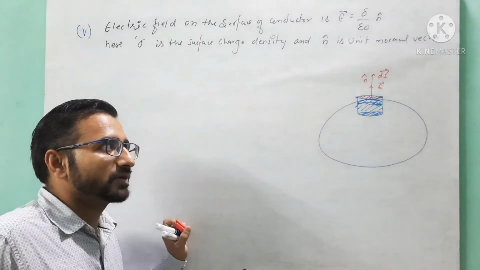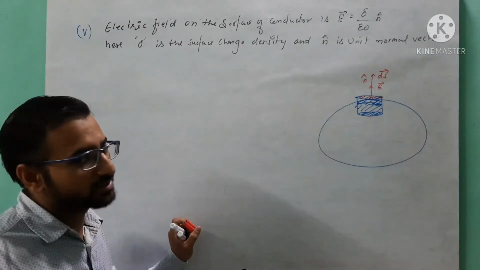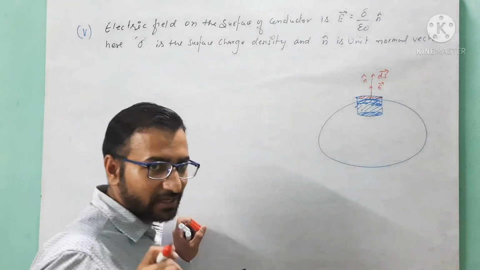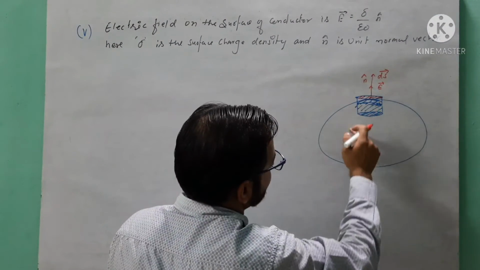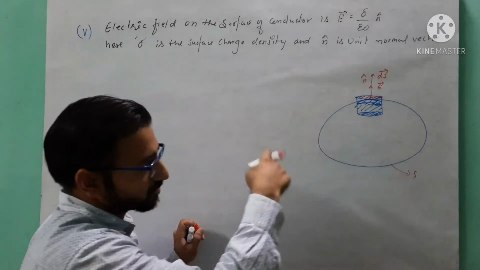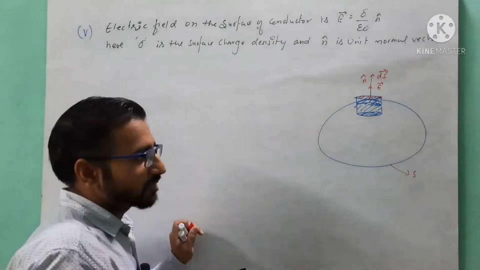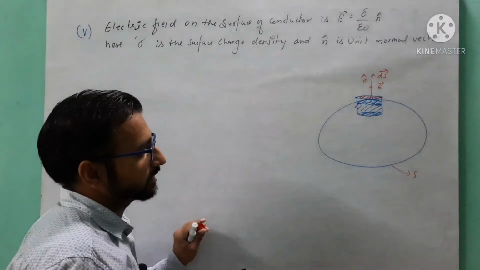It means that the electric field just outside or on the surface of a conductor is normal to the surface, which I have proved in the second condition. It is our fifth condition. This E will be perpendicular to the surface of the conductor, which I am taking here, and is normal to it. We know that very well.